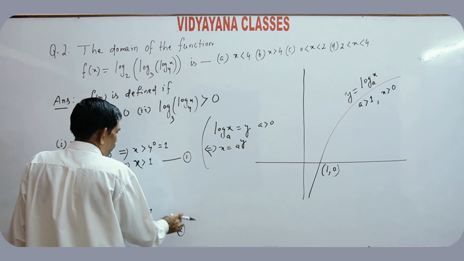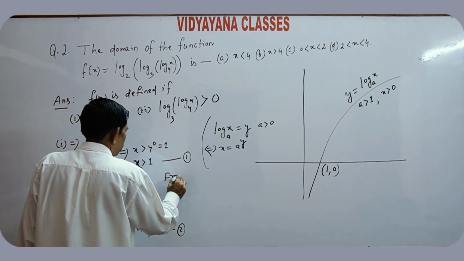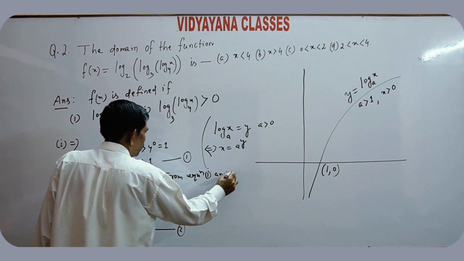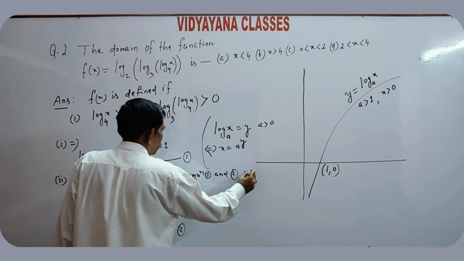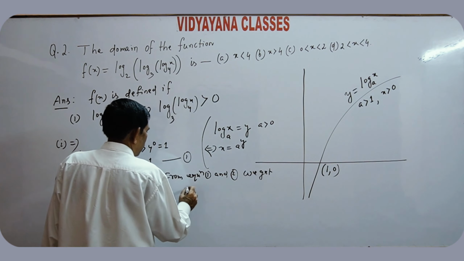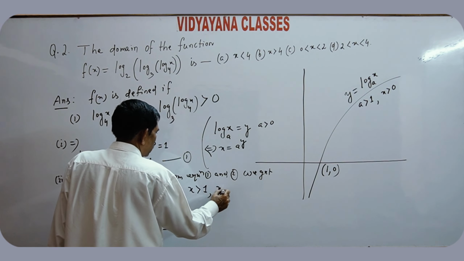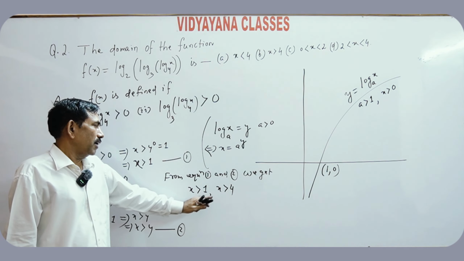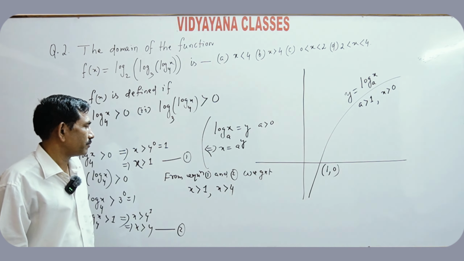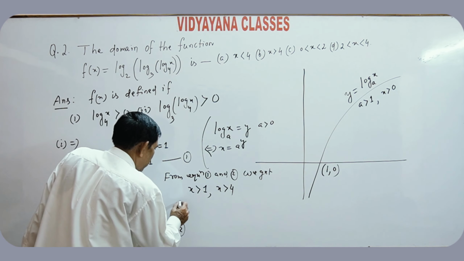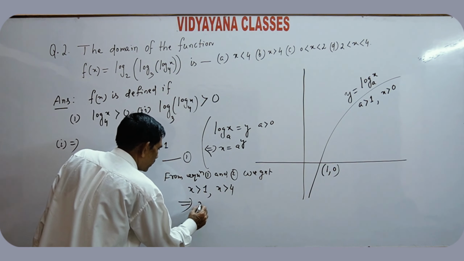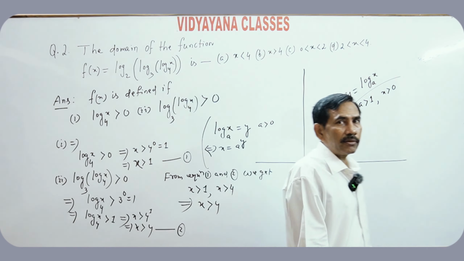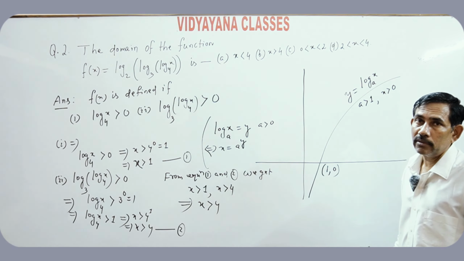From equations 1 and 2 we get x greater than 1 and x greater than 4. In general we can say x is greater than 4. The common region represents the domain of the composite function.